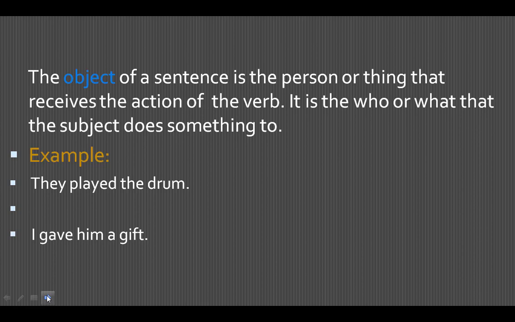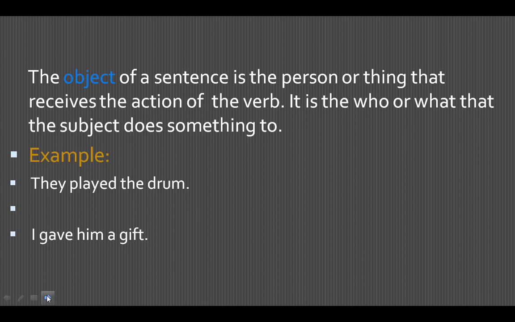Students, in this sentence, they is the subject, played is the verb, and the drum is the object.